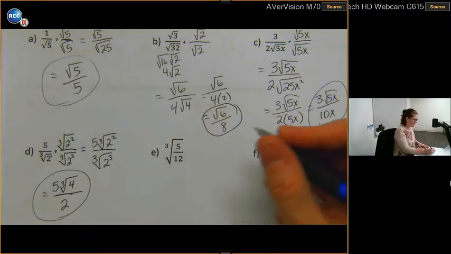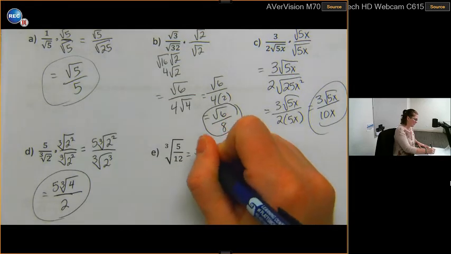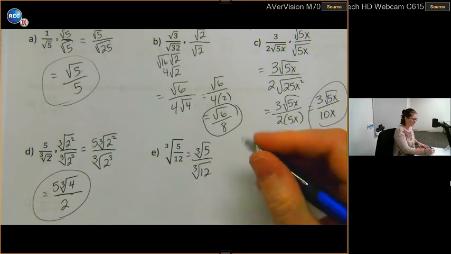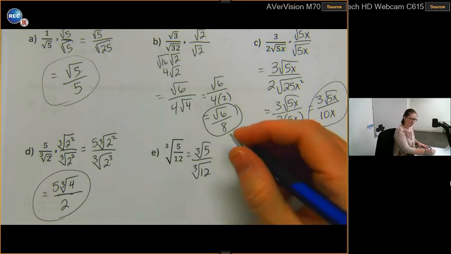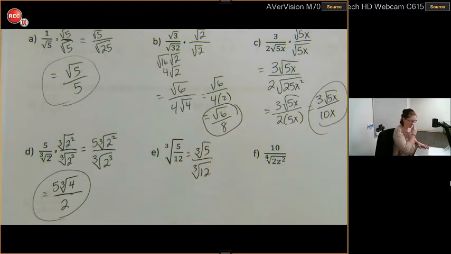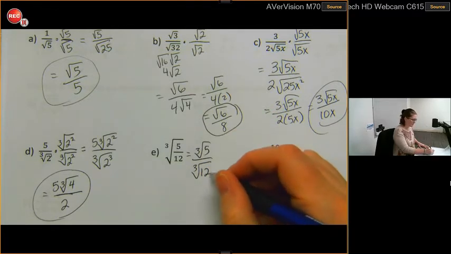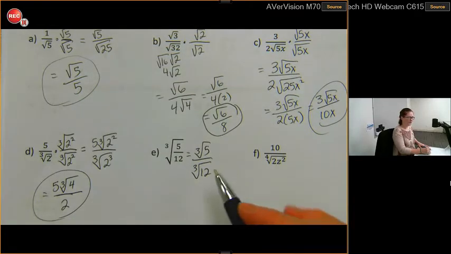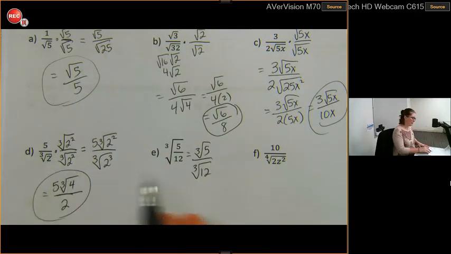So on letter E, I'm going to first start out by splitting this up. But then, well, there's a couple of approaches. If I wanted to do it like letter D, I would be multiplying by 12 to the second power.